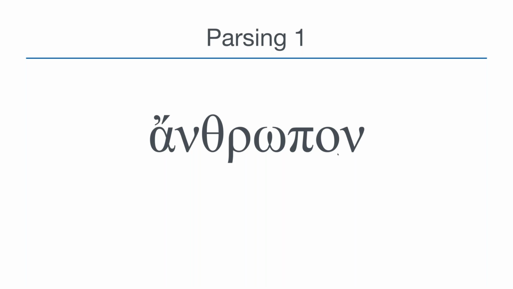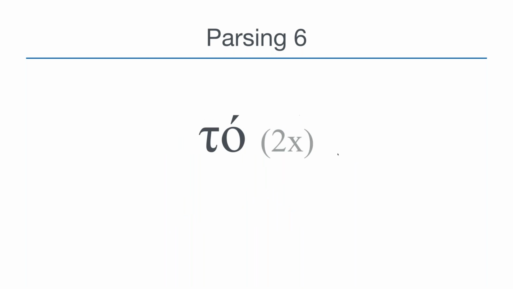So anthropon would be accusative, masculine, singular, from anthropos, meaning man. Okay, so that's how the exercises are going to go for the parsing. All of these are that way.